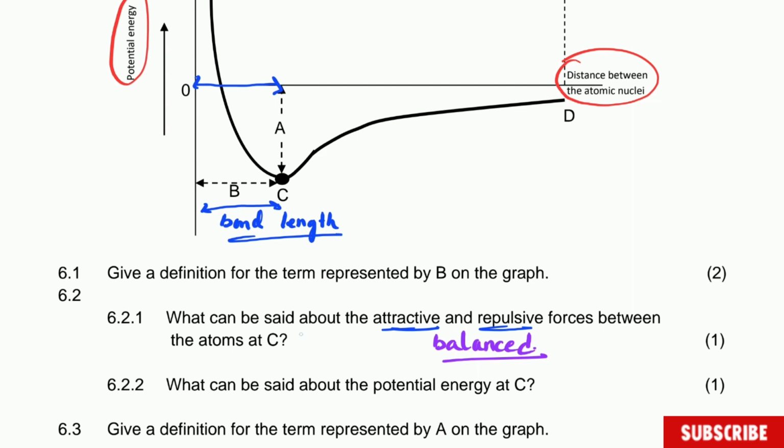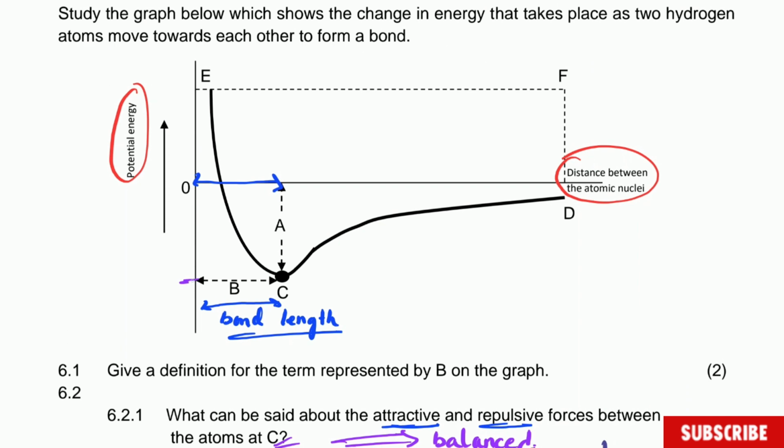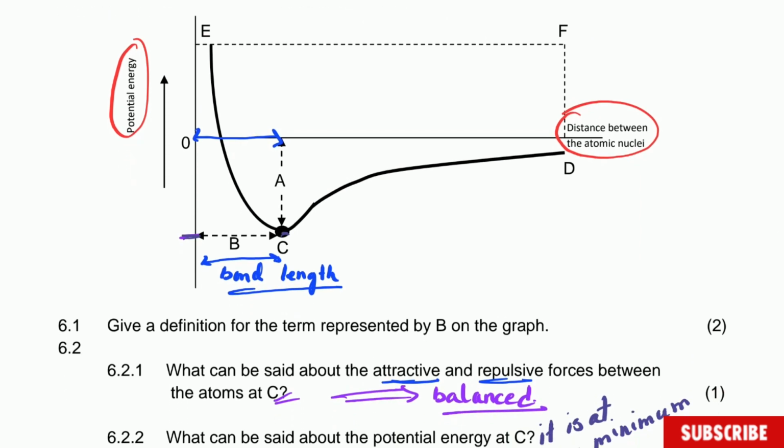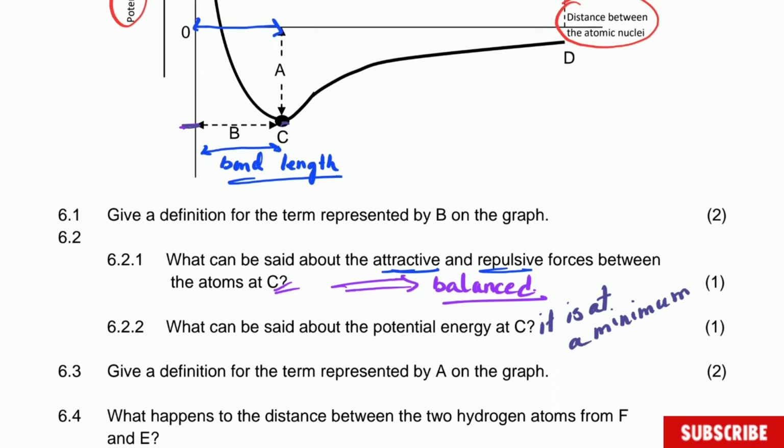That is the point when the forces are equal and the same. What can we say about the potential energy at C? You can see that the potential energy is the lowest one, guys. At that point the potential energy is the minimum, and it is only at the point where the potential energy is the minimum that the bond can form.